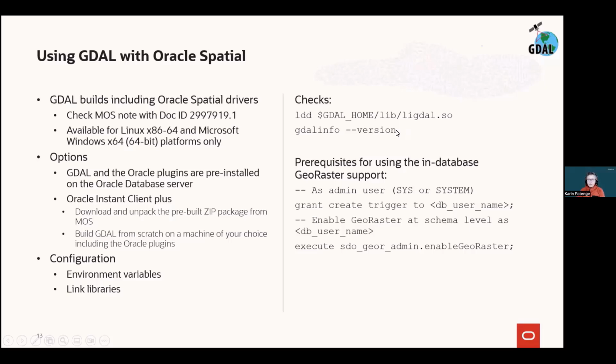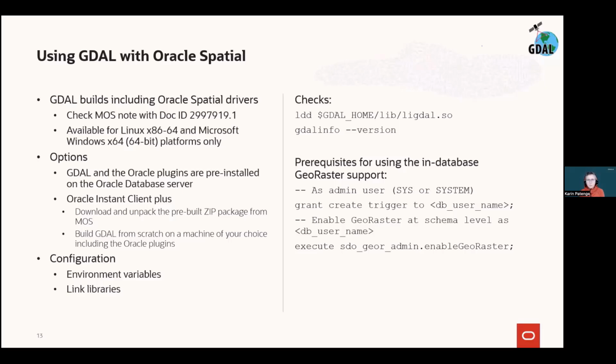If everything is properly installed, then you can just run gdalinfo --version, and you will see the GDAL version displayed. And if there is anything missing, you will get information about which of the libraries is probably not properly linked.